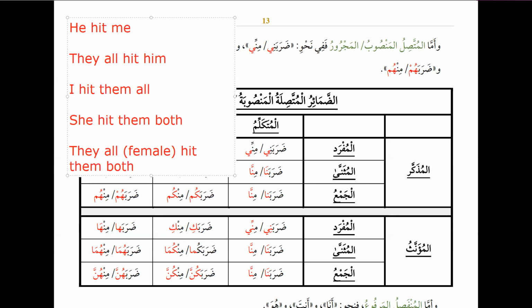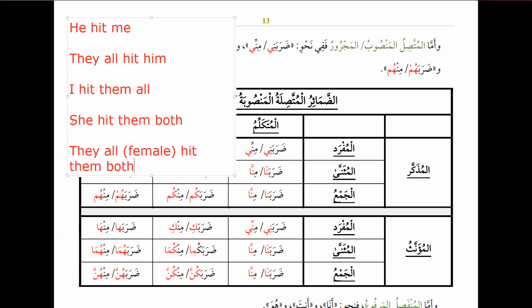And when you use these various sentences, you will know which fi'l you have to select, which form, which conjugation you have to select from the previous table for she hit. And then you will also have to select the proper pronoun from this table in order to use it for the meaning of them both.